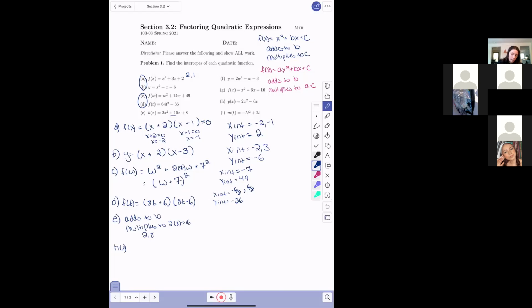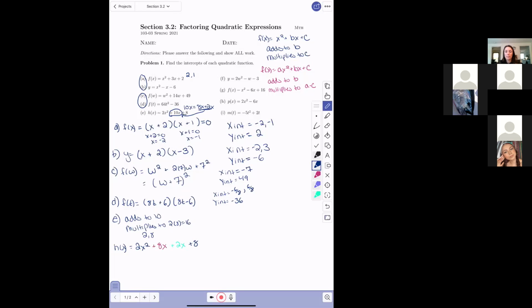Instead of writing plus 10x, because 10x is equal to 8x plus 2x, I'm going to write 8x plus 2x in for 10x. So we have h of x equals 2x squared plus 8x plus 2x, and then plus 8 stays the same.